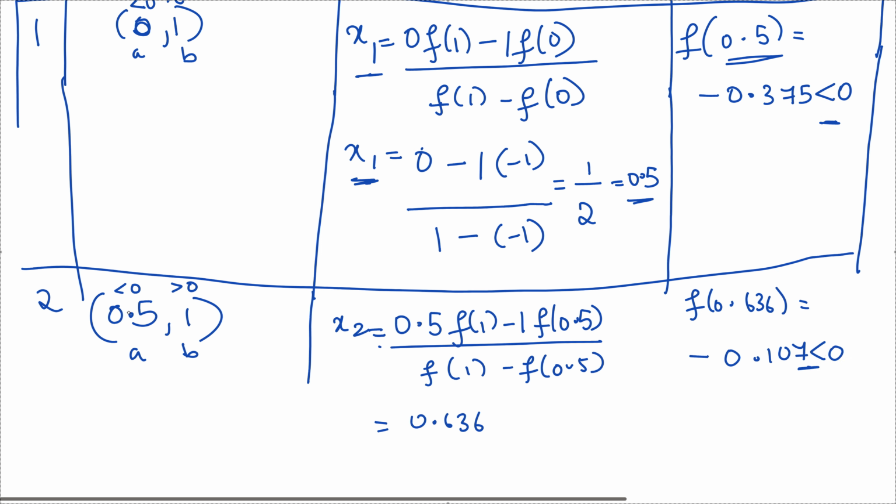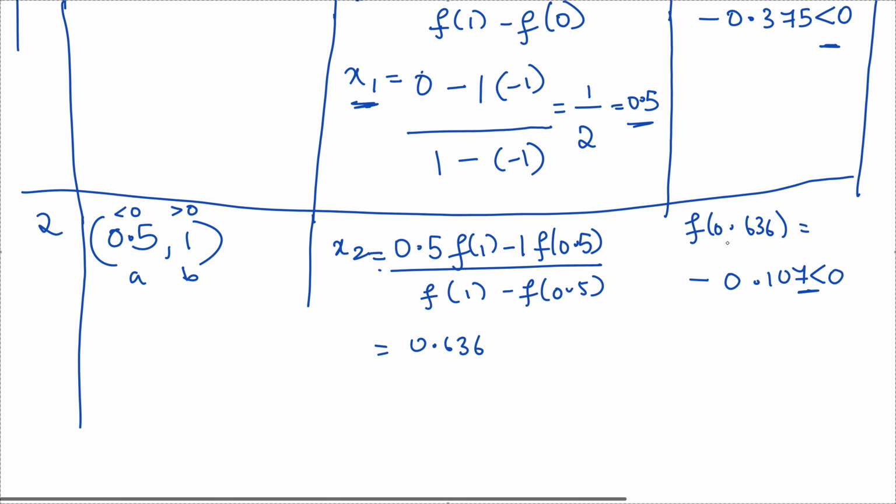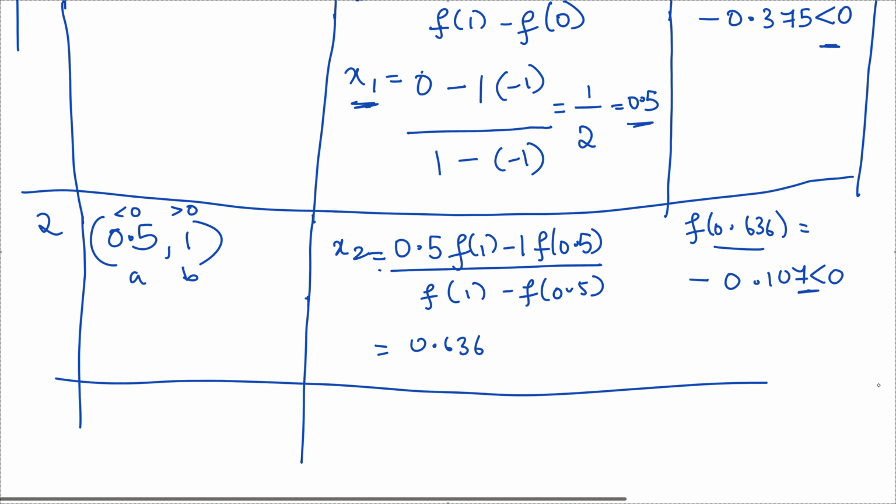Since this is less than 0, from the previous interval what was less than 0, we will replace that with this new x value. Okay, so next, I should not have drawn the lines, they are looking ugly, but anyways, 0.636 comma 1.